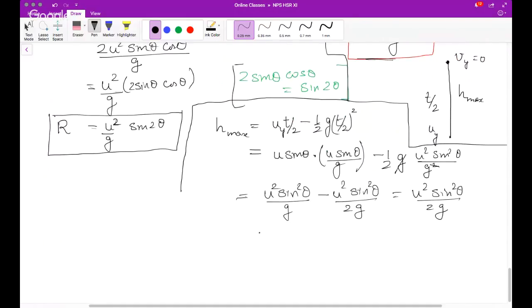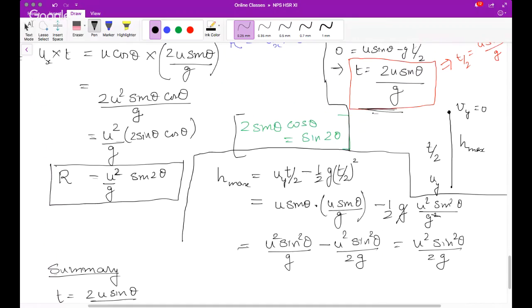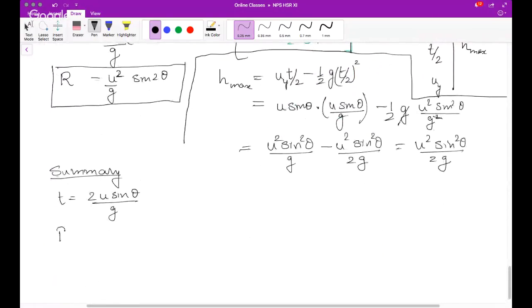So I'm summarizing. These three things we got. From this analysis, we got time of flight T equal to 2u sine theta upon g. Then what else did we get? We got R equals u square sine 2 theta upon g.